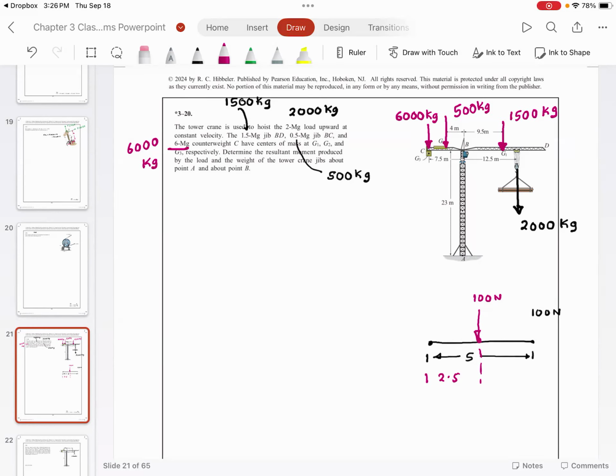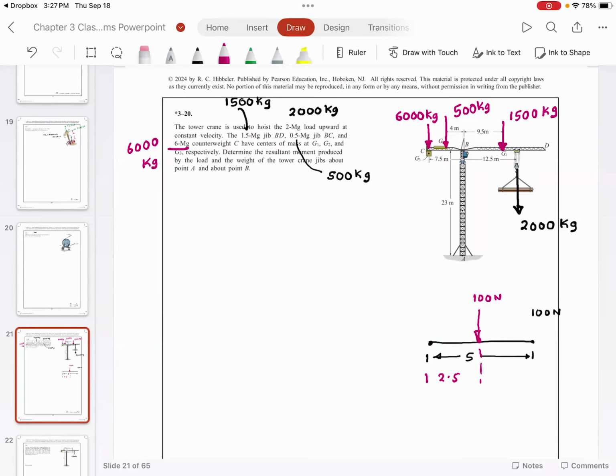So you have a counterweight which is 6 tons. The mass of the boom CB is half a ton, which is 500 kilograms, and the mass of the boom BD is about 1,500 kilograms, which is 1.5 tons. And together, this crane is lifting 2,000 kilograms.